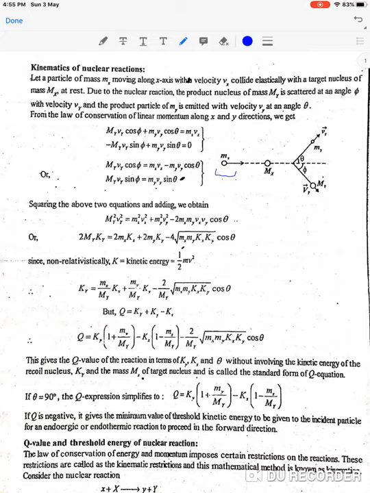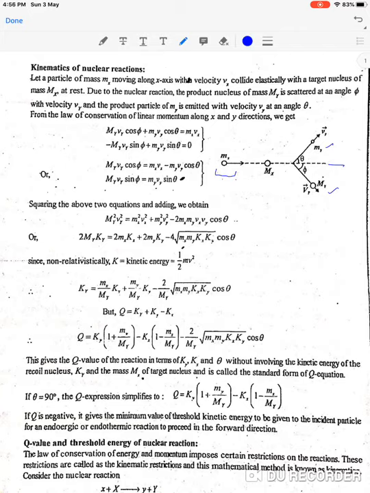Then we get production of a daughter nucleus having large mass M_Y, and a smaller particle also comes out. In this reaction, the daughter nucleus scatters in a particular direction, making angle theta with respect to the x-axis, and the other particle is making angle phi.